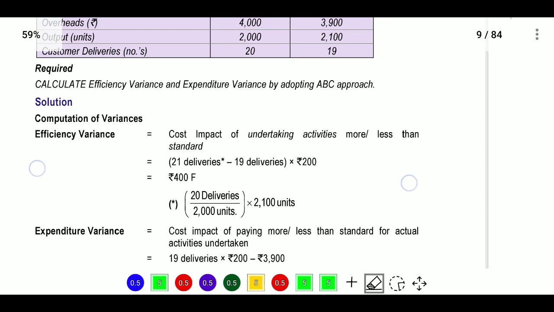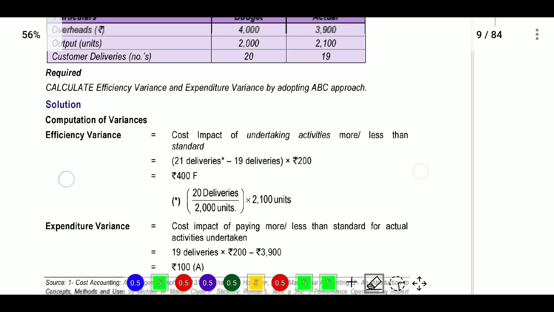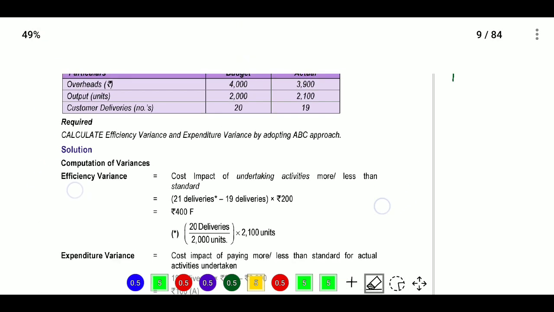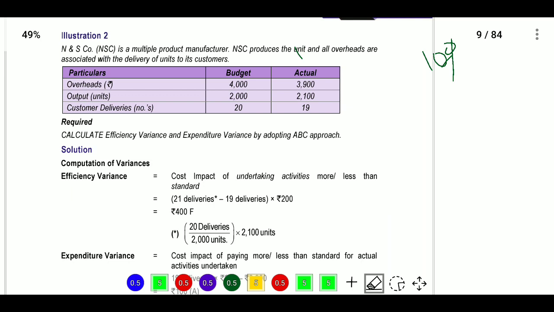First we will see the cost impact of undertaking activities more or less than standards. What is the standard provided and what is the difference? For efficiency, they provided only for 2000 units, but we require for 2100.